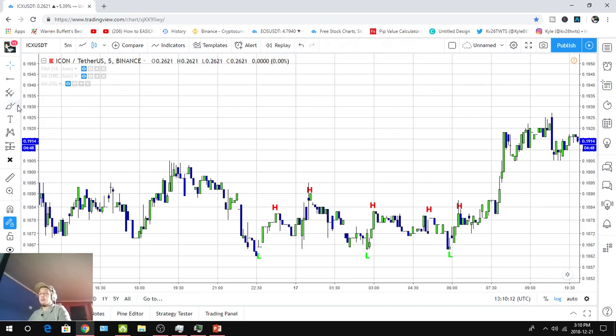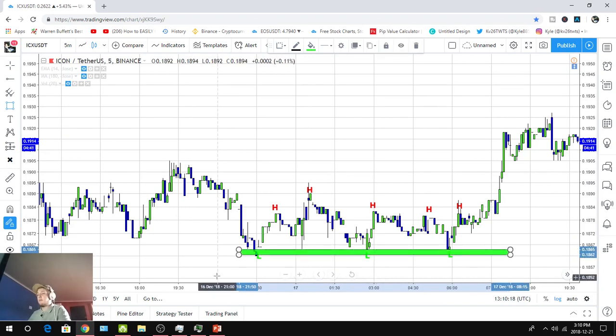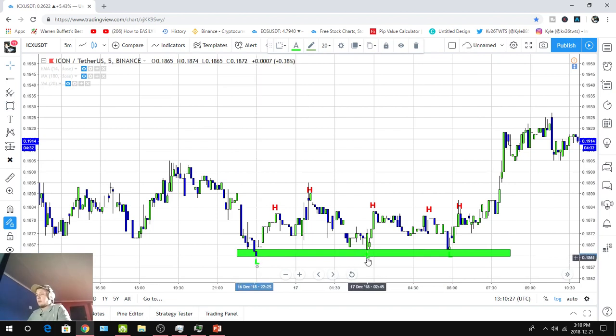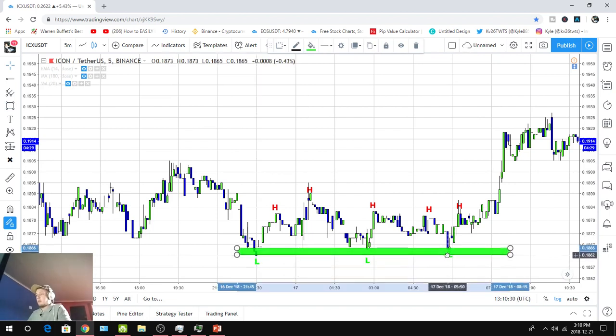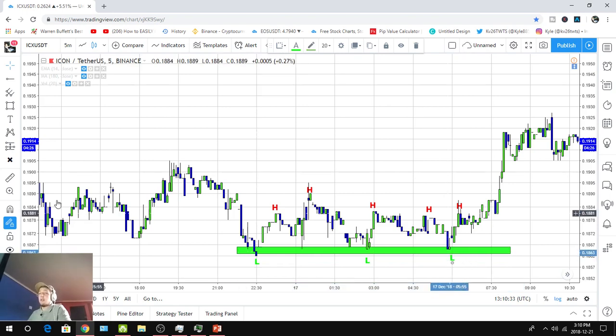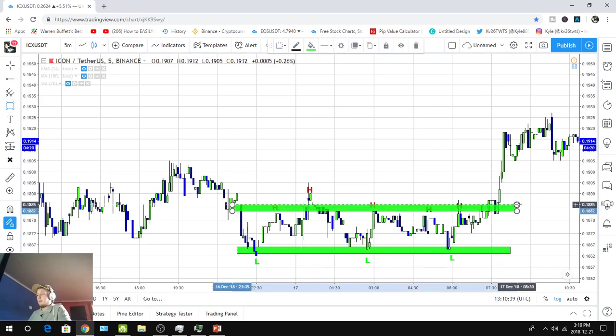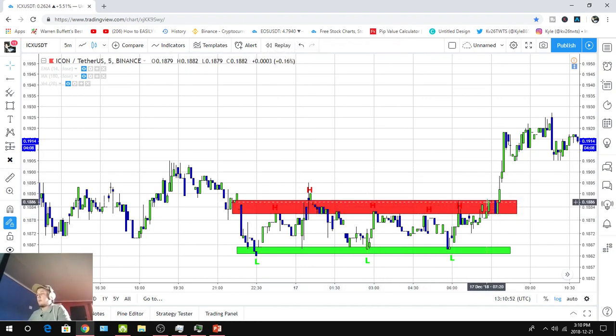Now let's put our support. Put our support and let's quickly put out our resistance. That will be support and that will be resistance.